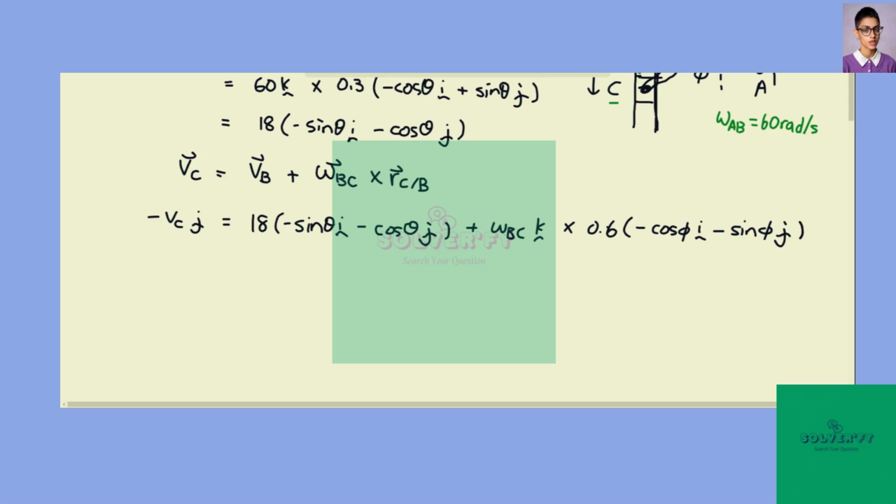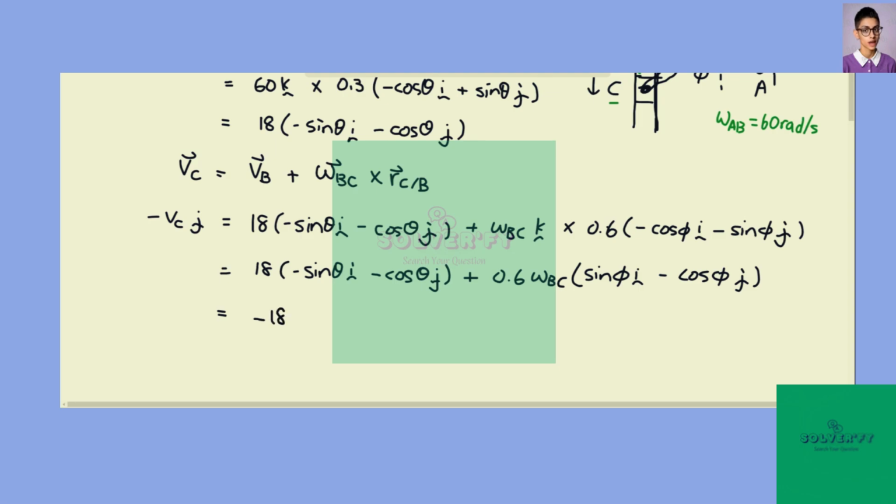Then this is equal to, after doing the algebra, 18 times minus sine theta I minus cosine theta J plus 0.6 omega BC times sine phi I minus cosine phi J. You group the like terms together.